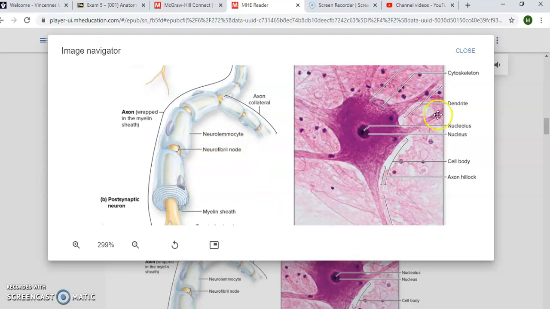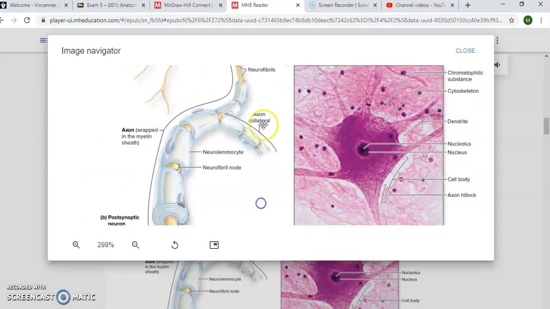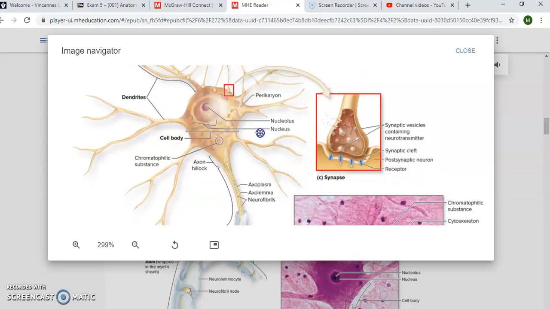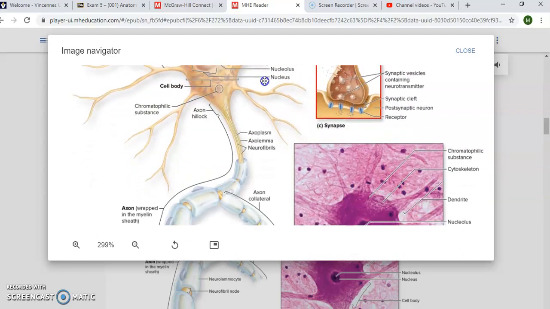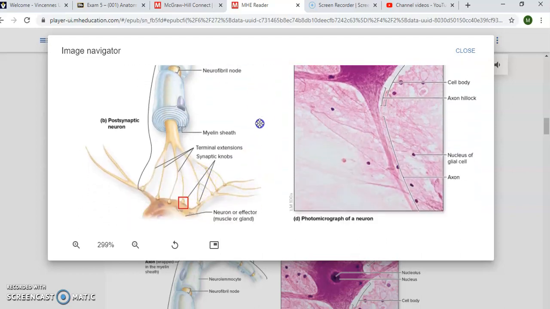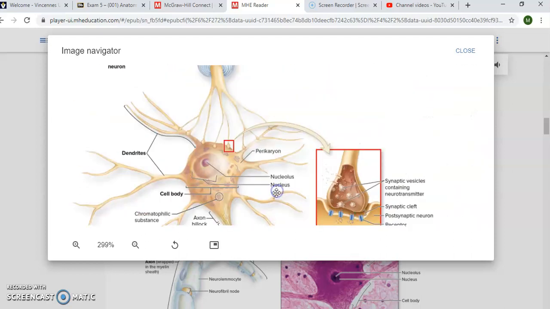So those are the structures that you should be able to identify on a picture in lecture of the axon. And it's important to know that anatomy, because when we talk about the physiology, it'll be important to understand what part of the neuron we're talking about.